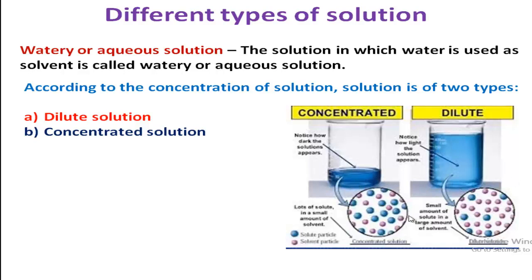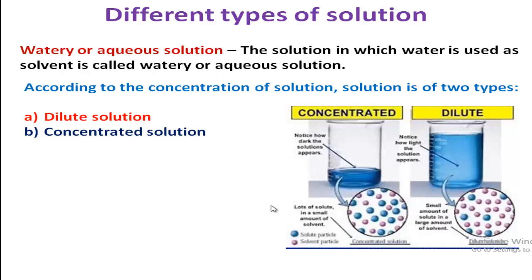So these blue dots actually denote the solute particles, and the purple color dots denote the solvent particles. So here you can see in concentrated solution, the blue color particles are more gathered. That means more blue color particles are present in this solution. That means this is concentrated solution, and here less number of blue color particles are present, so this is dilute solution.